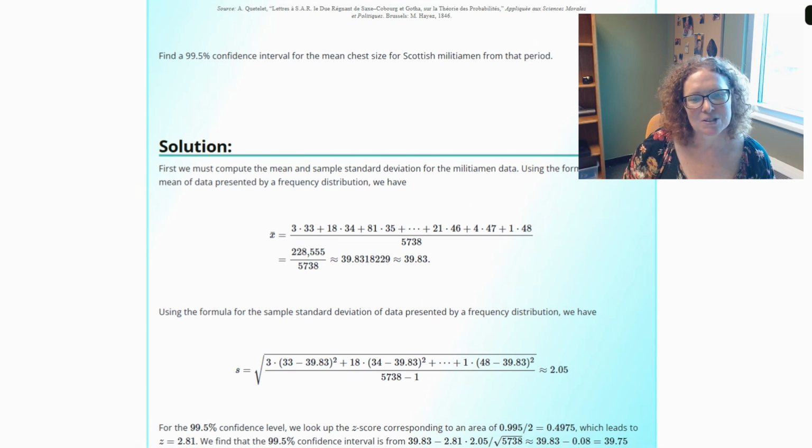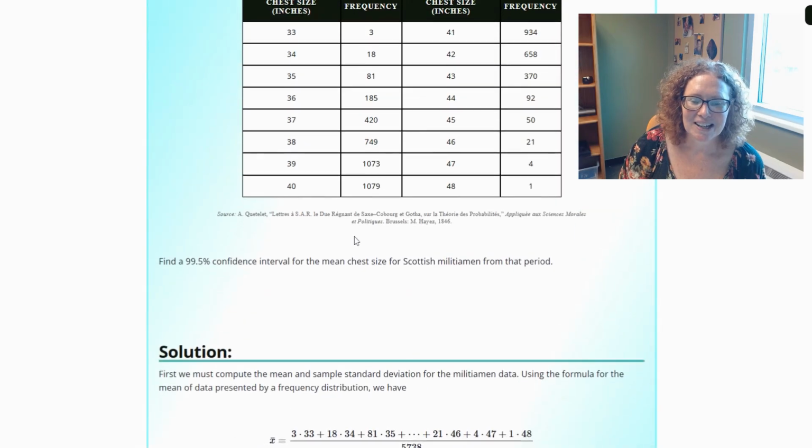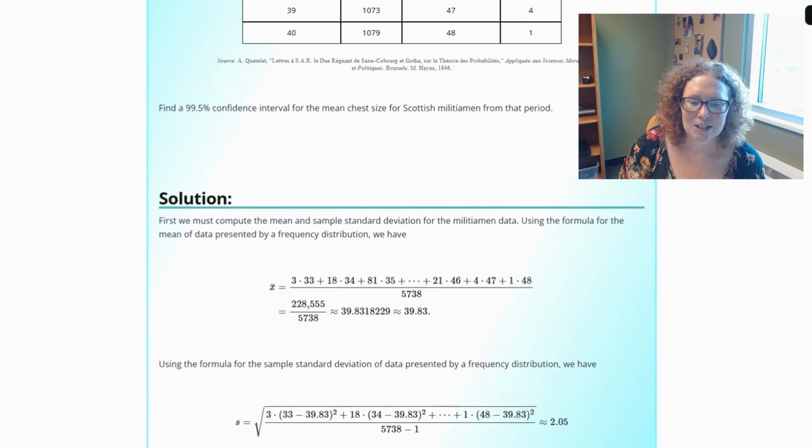So then, because now we need to do the sample standard deviation, we will go through that whole formula again. Remember, 3 times 33, which was our first number up here, right? And we got our mean, 39.83.